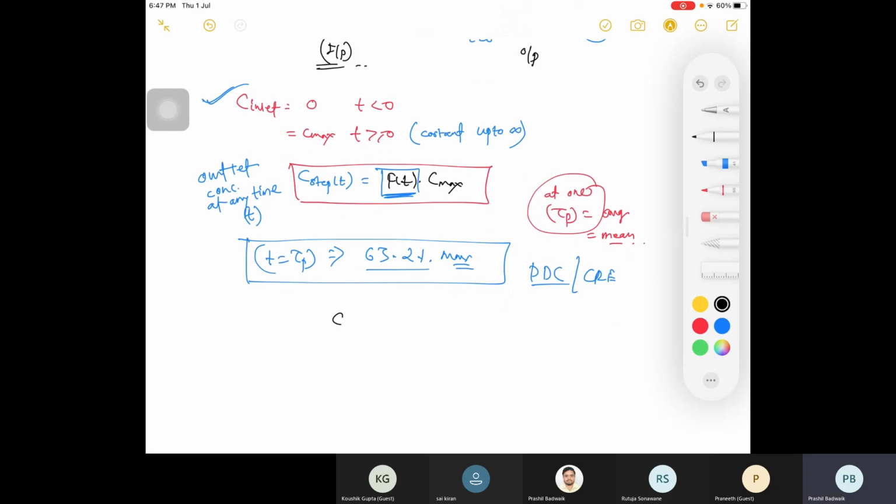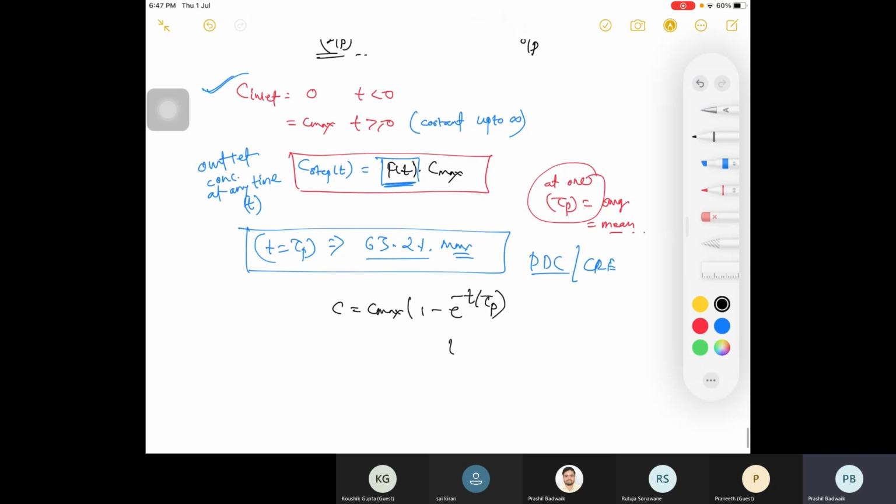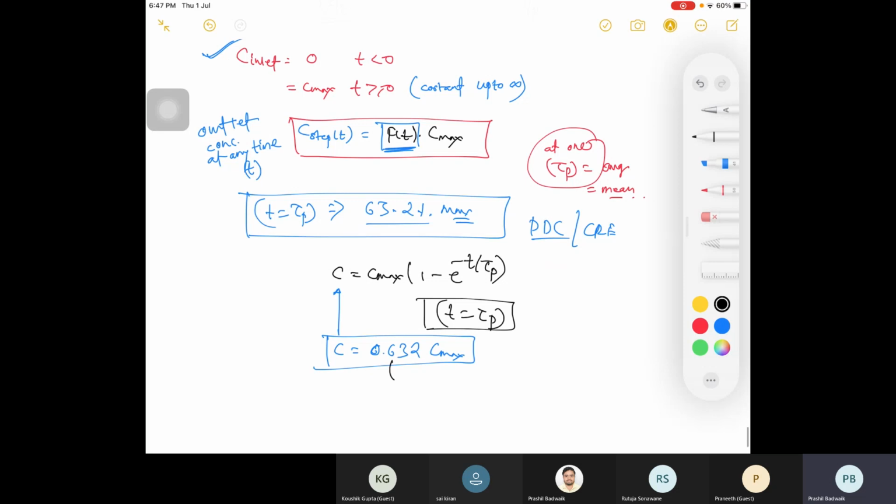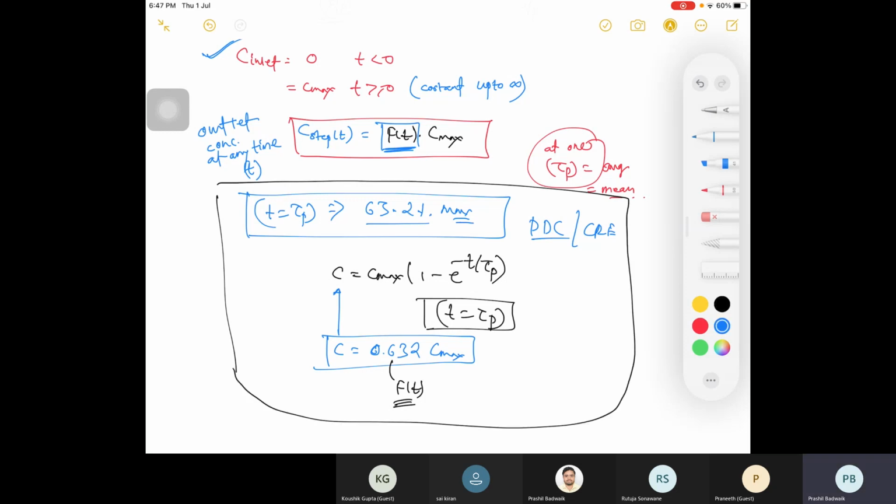You will have this kind of equation: C equals C max times 1 minus e to the power of minus t divided by tau p. Now if we put t equal to tau p here, you will get C equal to 0.632 of your C max. And this 0.632 is your F of t at that time. This is apart from CRE here. We'll relate it once we start process dynamics.